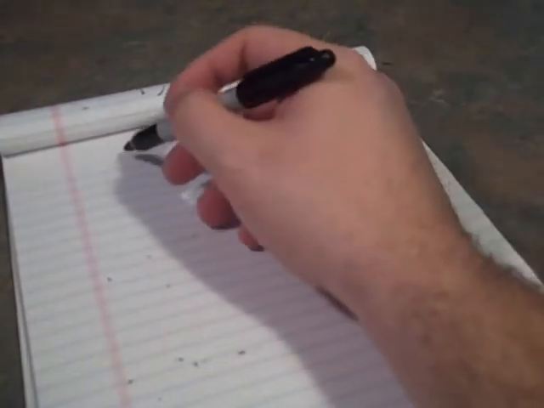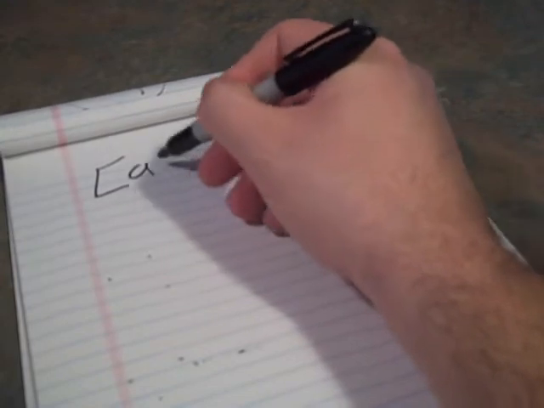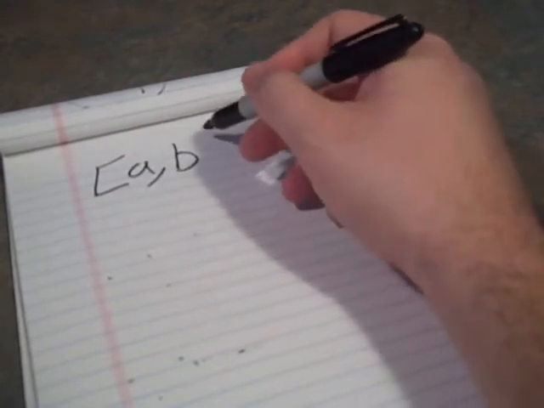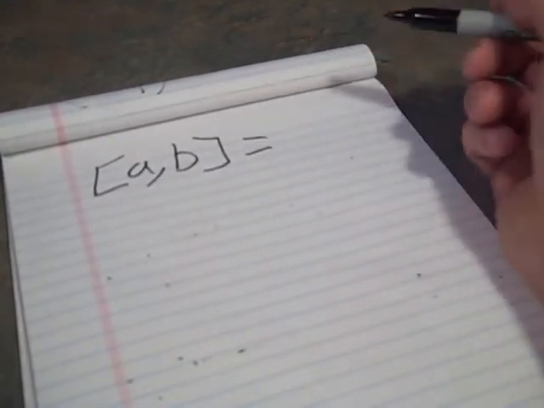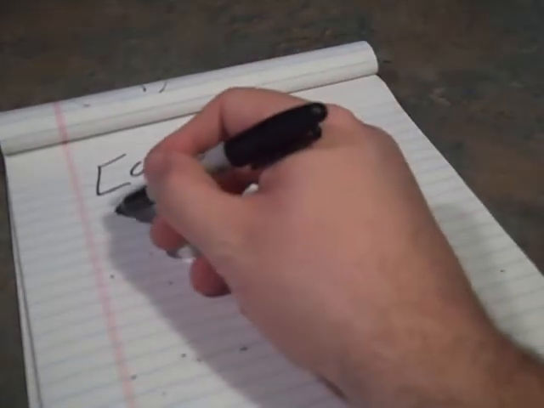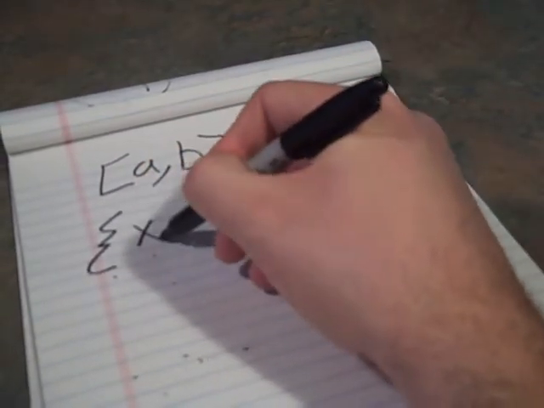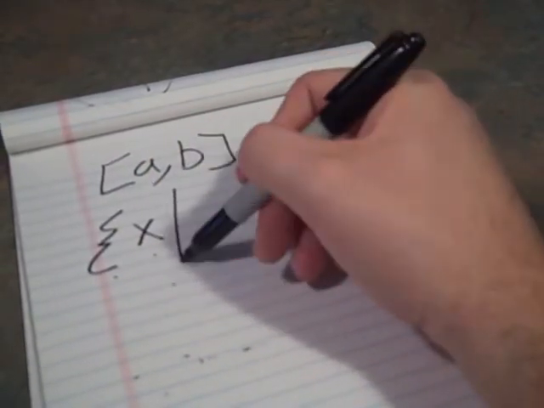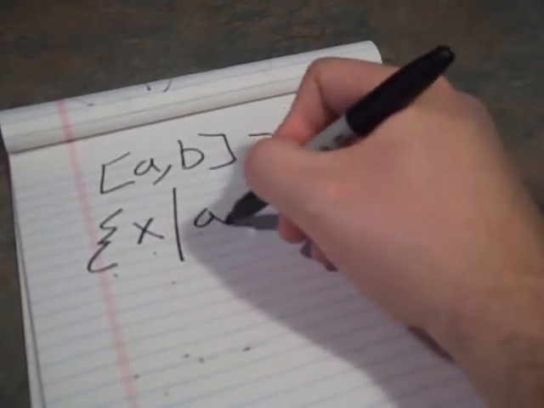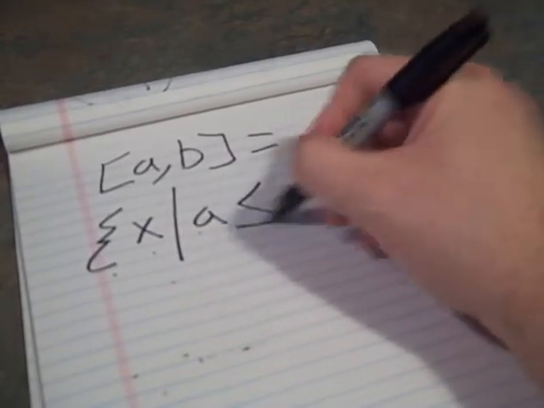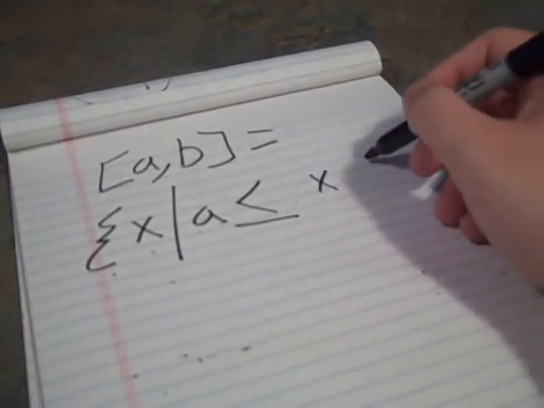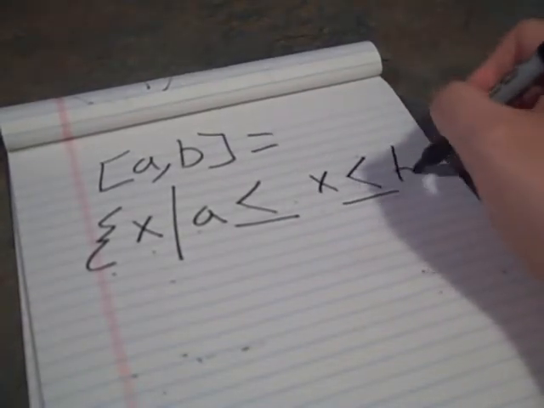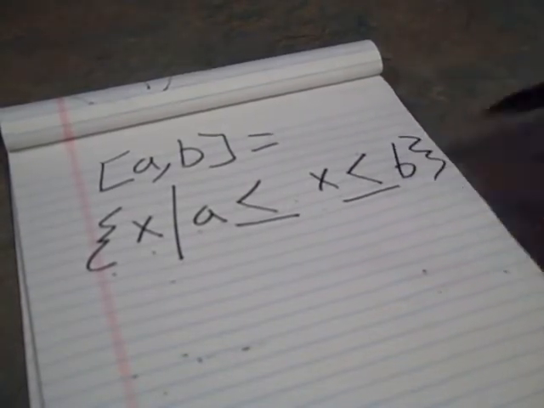But we can do the closed interval too, and that's going to look like this, [A, B]. That's going to equal all x's such that A is less than or equal to x, less than or equal to B. Do you see the difference?